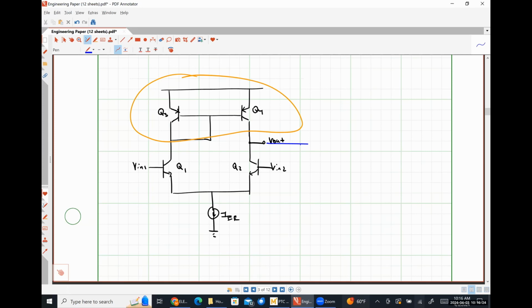Or if instead of having ground here, we have some VCC minus, we would pull that DC offset closer to 0. So you might have something like this. Let's bring that up here because that's the emitter.